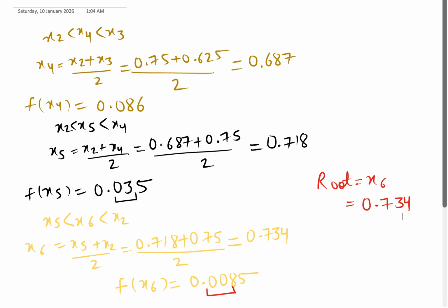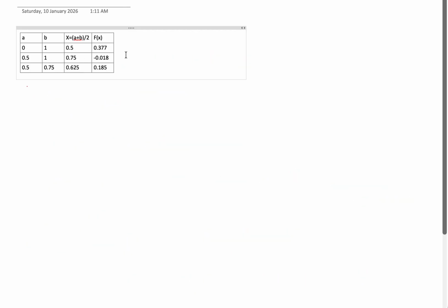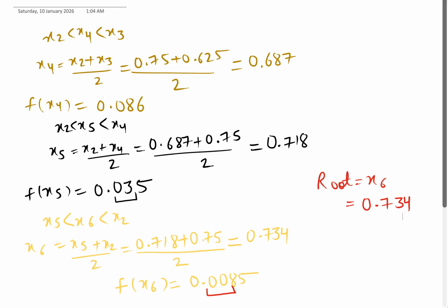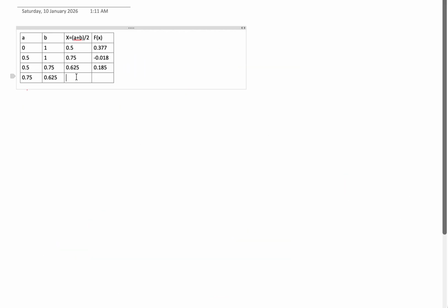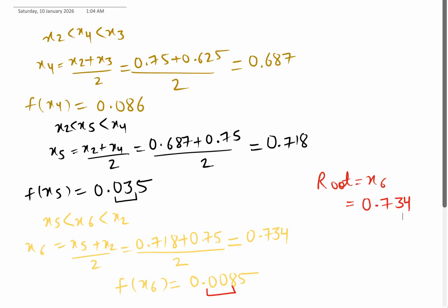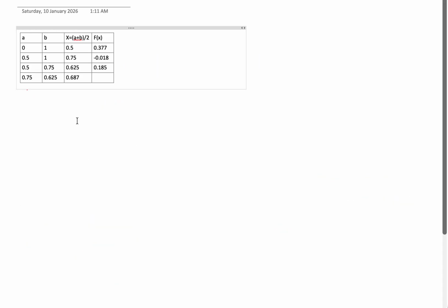Correct. Then 0.75, 0.625, 0.687, and then 0.086.